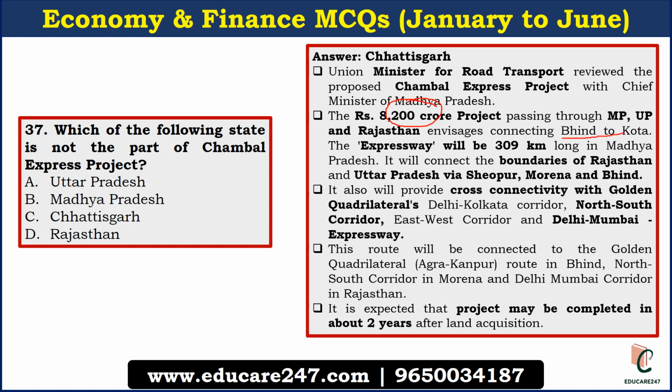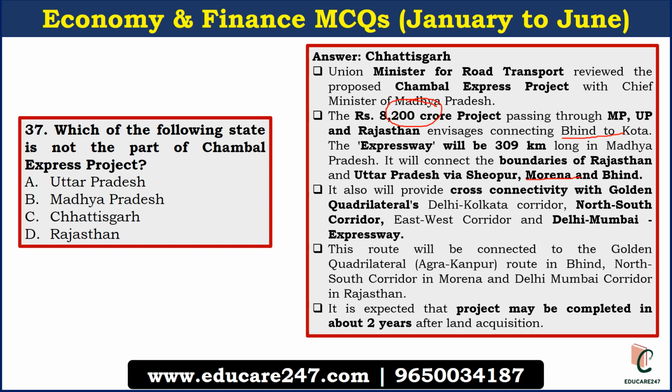The expressway will be total 309 km long in Madhya Pradesh only, and it will connect the boundaries of Rajasthan and Uttar Pradesh via Sheopur, Morena and Bind, and this will also cross connect the Golden Quadrilateral, Delhi-Kolkata corridor, North-South corridor, East-West corridor and Delhi-Mumbai expressway.